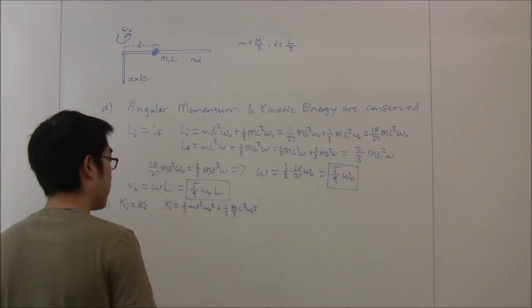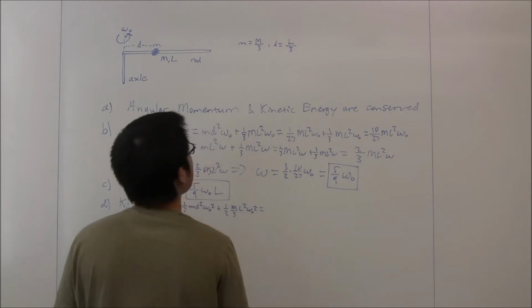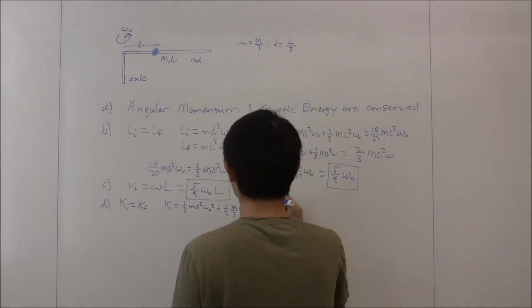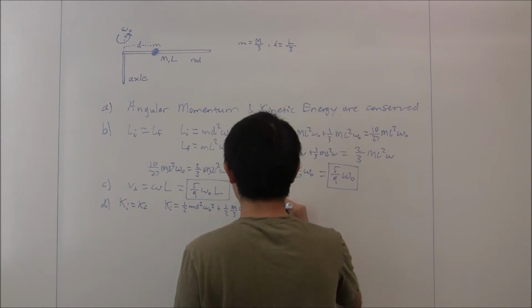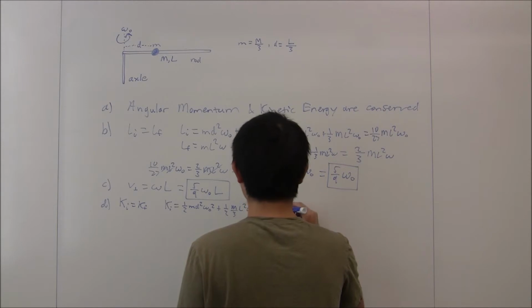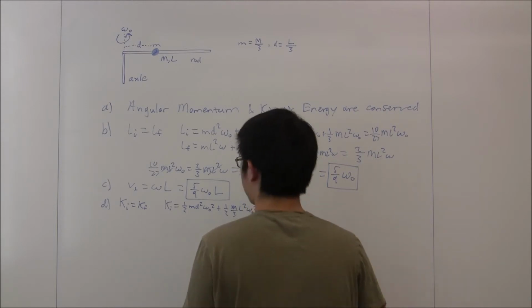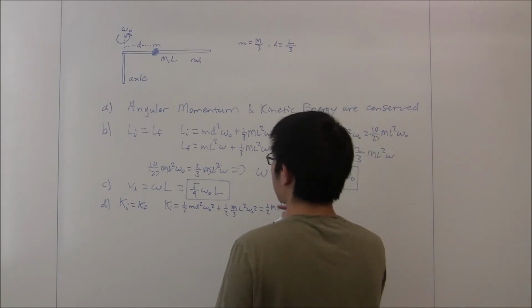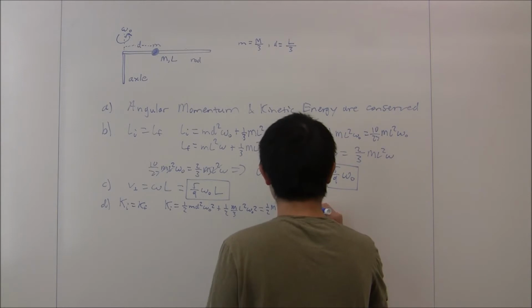So subbing in for m and d, this simplifies down to 1/2 big M big L squared omega naught squared. And in brackets, we're going to have a factor of 1/27 plus 1/3.